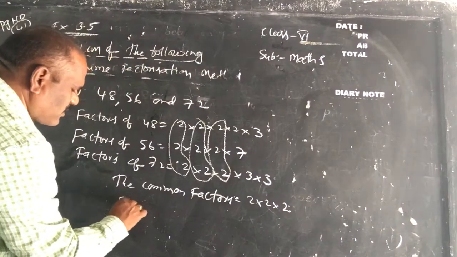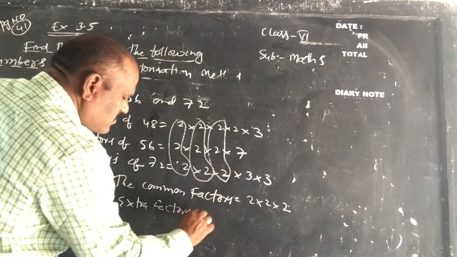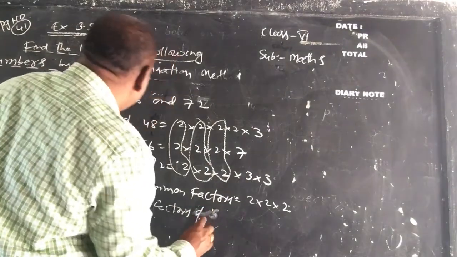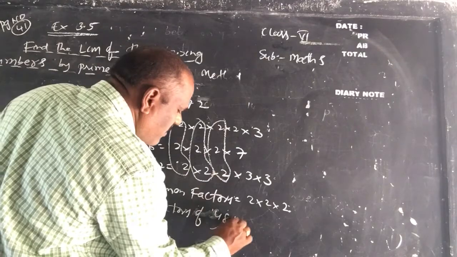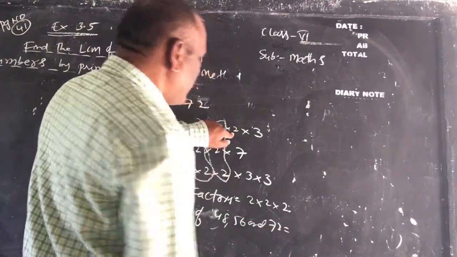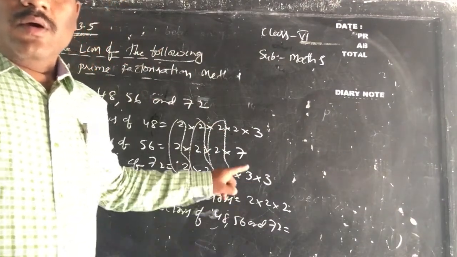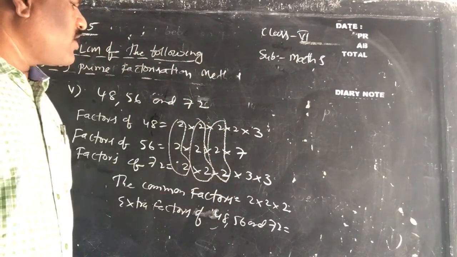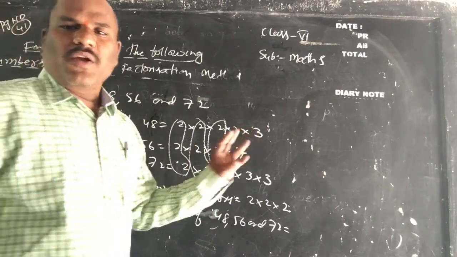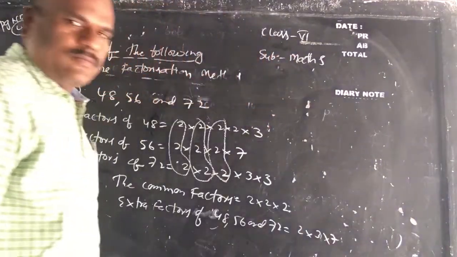And extra factors of 48, 56 and 72, you know very well, are there. Common factors 2 into 2 into 2, and the extra factors are 2 into 3 into 7.